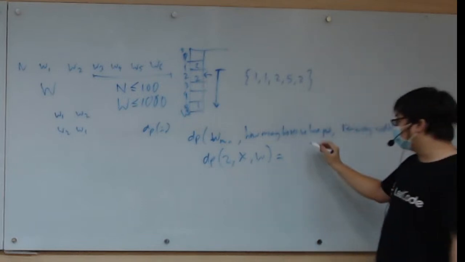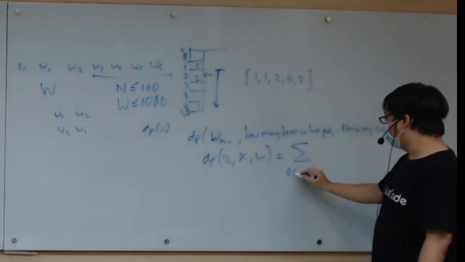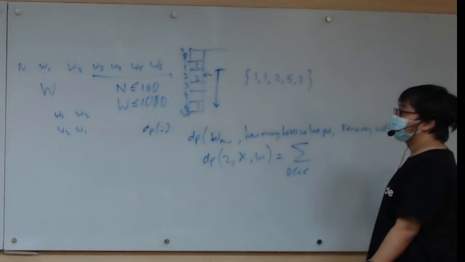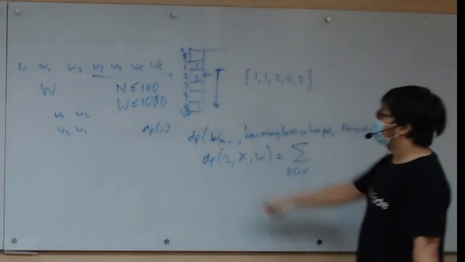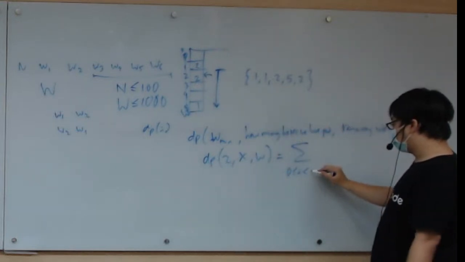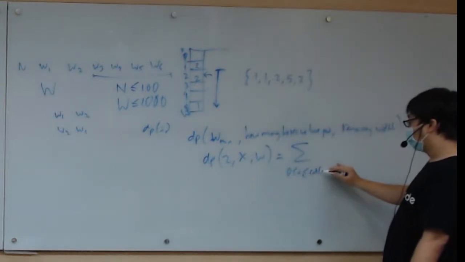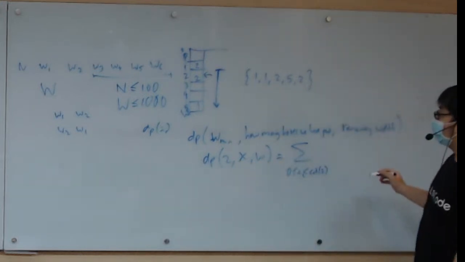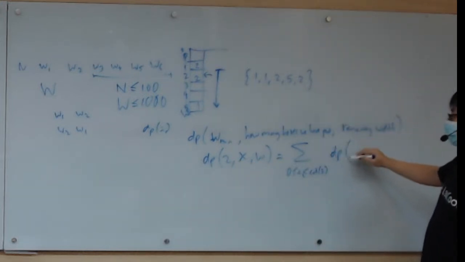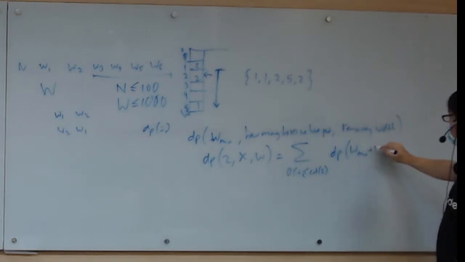2. So it's something like the sum over i of how many boxes there are with weight 2, something like that. Okay, and then you of course do dp[w min plus 1].